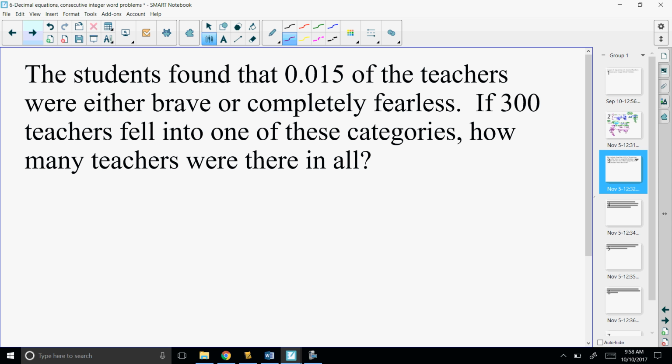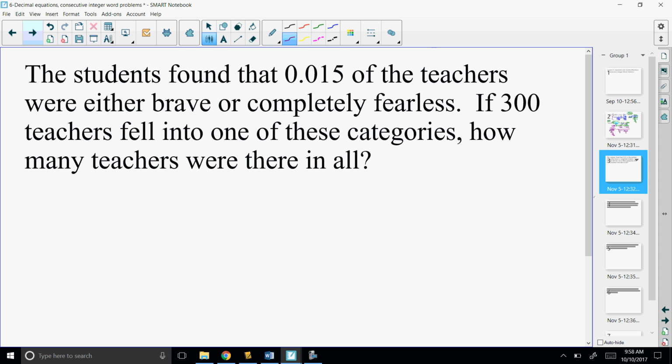How do you think you would go about trying to solve that? 0.015 of the teachers were either brave or completely fearless. If 300 teachers fell into one of these categories, how many teachers were there in all?